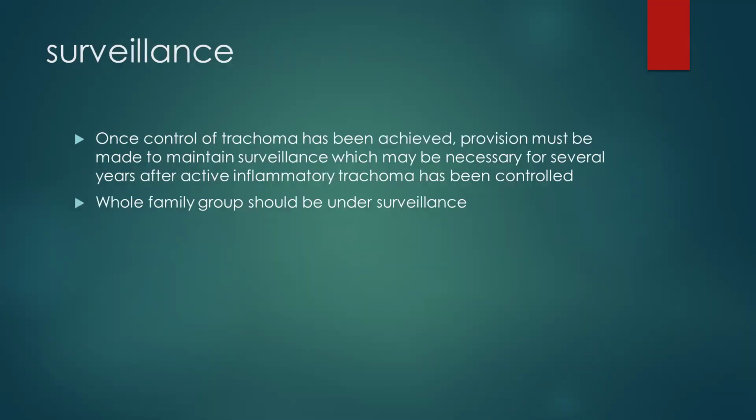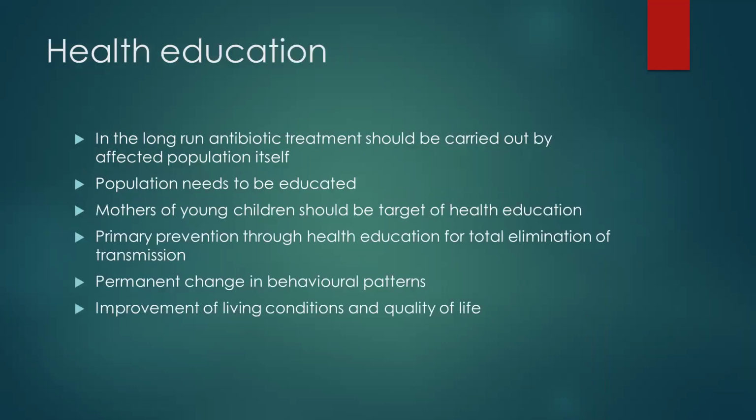Then surveillance. Once control of trachoma has been achieved, provision must be made to maintain surveillance, which may be necessary for several years after active inflammatory trachoma has been controlled. The whole family group should be under surveillance. Health education. In the long run, antibiotic treatment should be carried out by the affected population itself. The population needs to be educated.